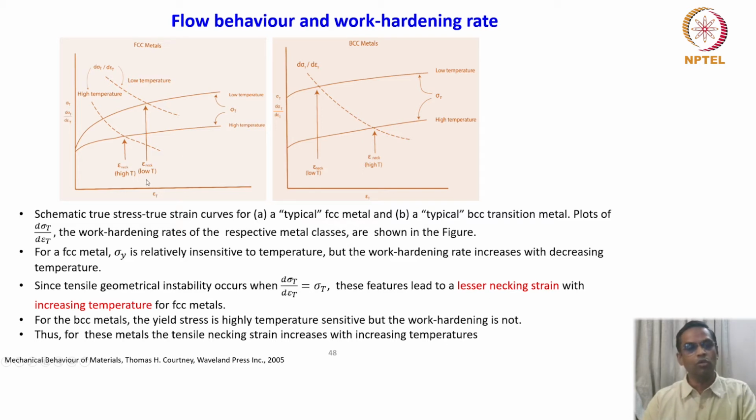It is just the opposite of what we have seen for FCC metals. The neck strain, that is the point of instability, increases with increasing temperature. These are all very important observations, which will be useful to interpret the high temperature behavior of these classes of materials, at least.